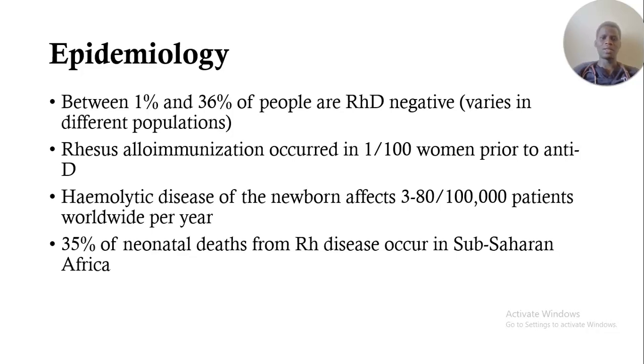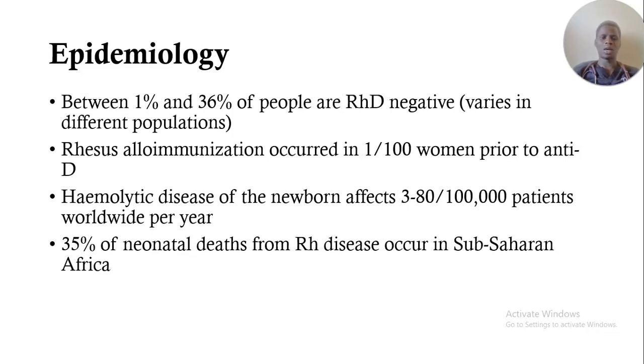So rhesus negative blood groups are quite rare, but about 1% to 36% of people are rhesus negative, and it varies in different populations. And you have rhesus alloimmunization in this condition occurring in 1 out of 100 women prior to anti-D.